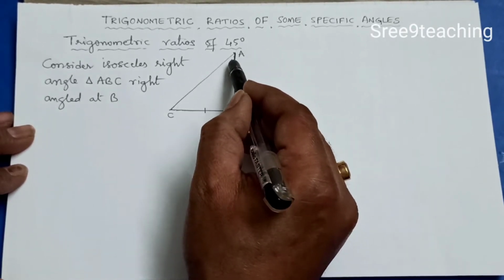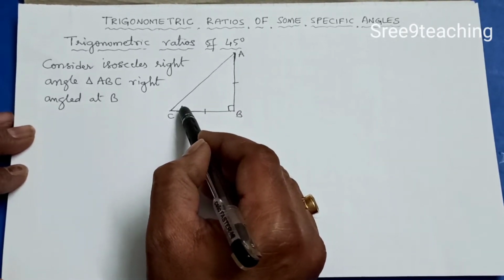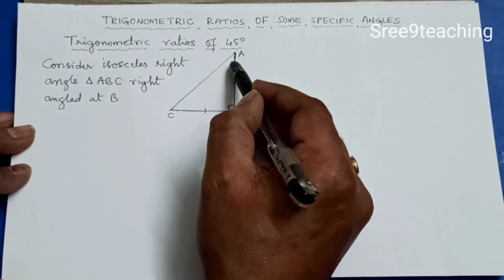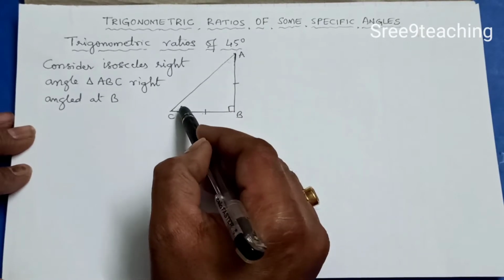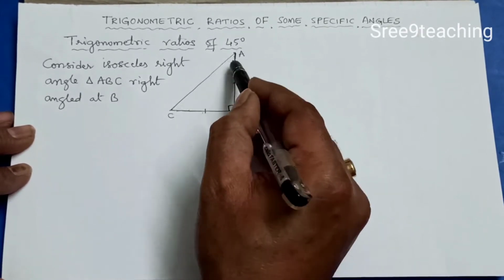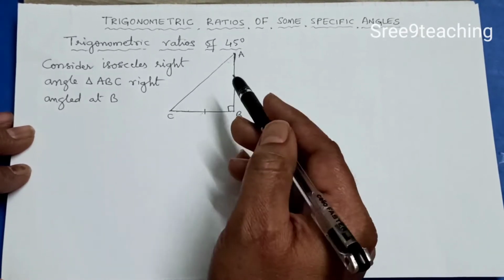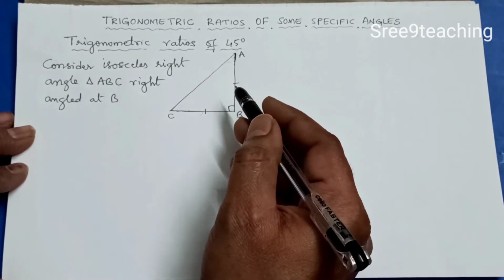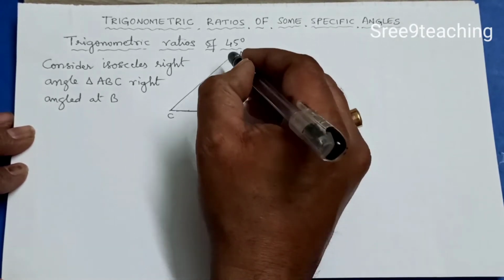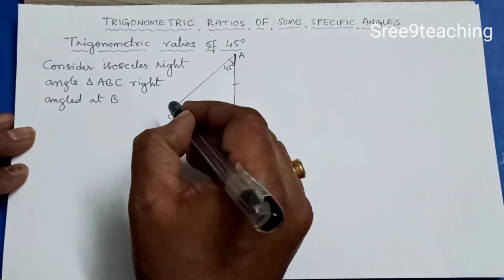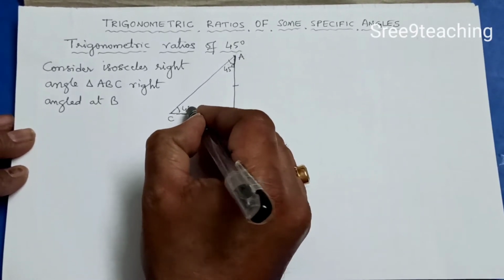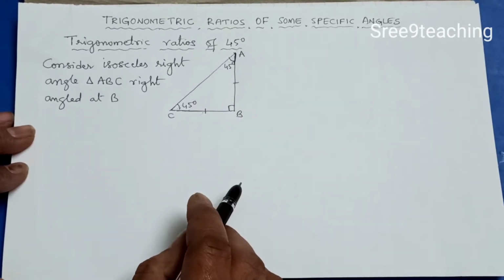Moreover, the angles opposite to the equal sides are also equal, so these two angles are equal. If you divide the 90 degrees into two equal parts, this will be 45 degrees and this also 45 degrees, which are acute angles, right?